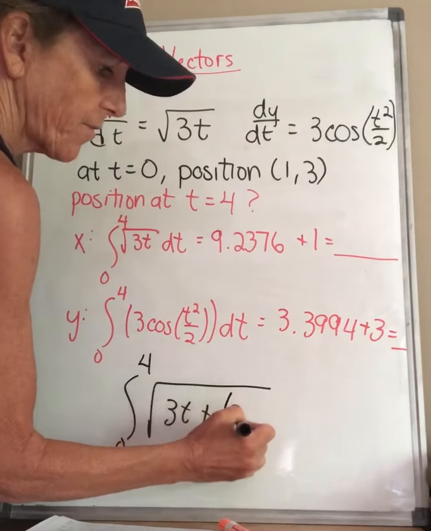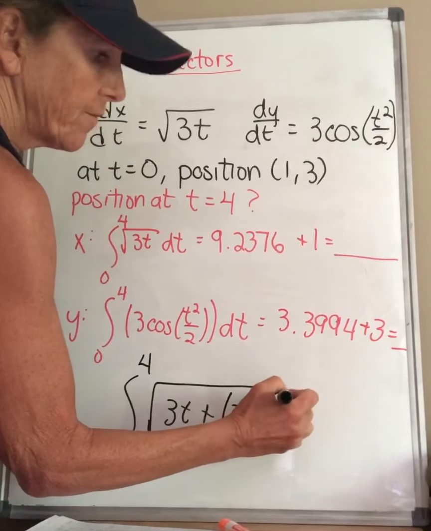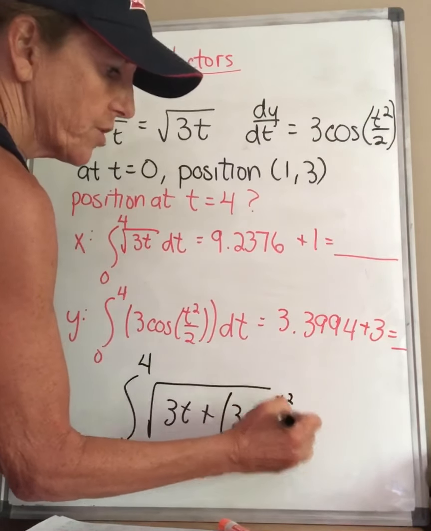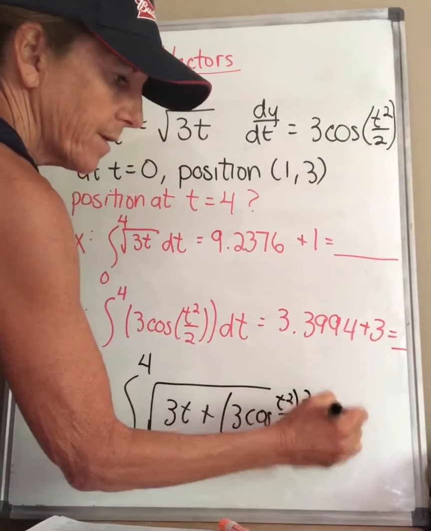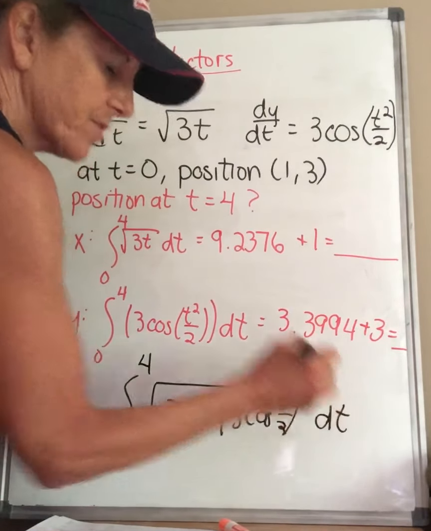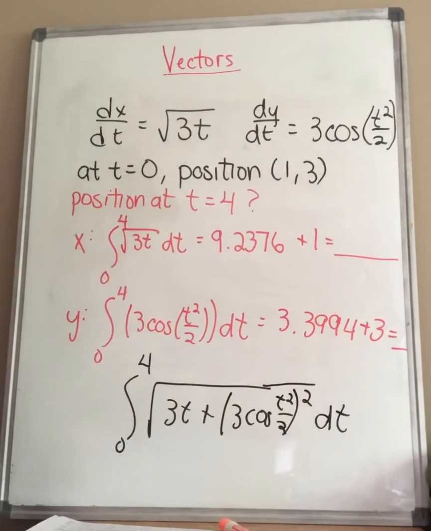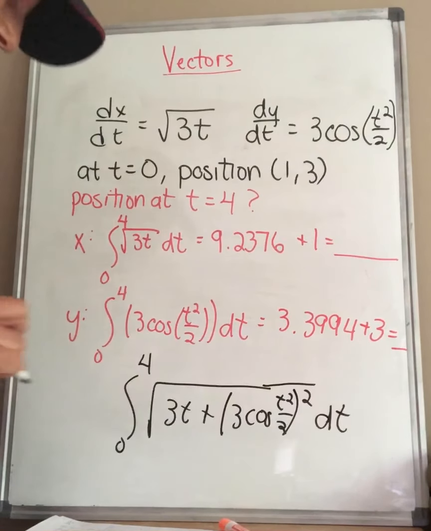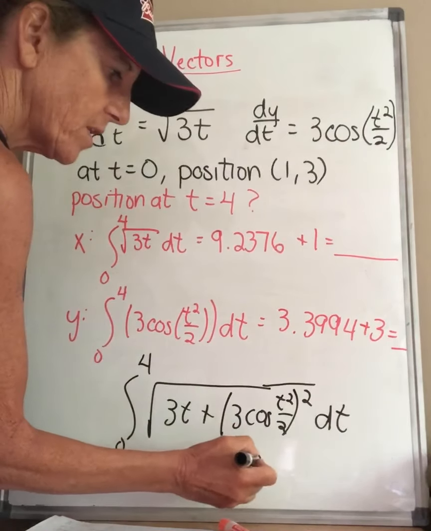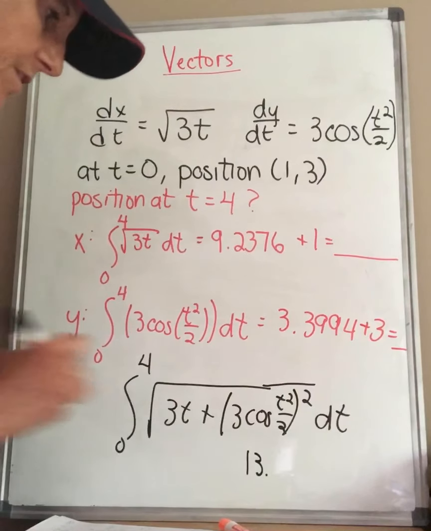I'm going to write 3 cosine of t squared over 2, squared, dt. This absolutely goes right in the calculator. And the distance traveled from 0 to 4 is 13.1824.